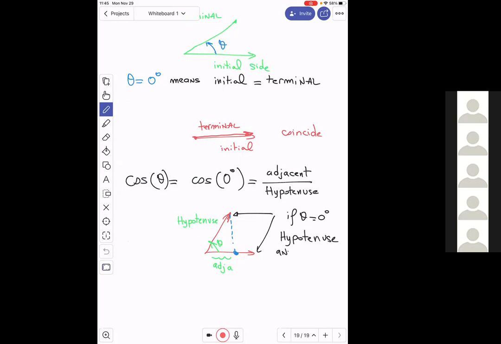Hypotenuse and adjacent side, they coincide. They're going to be the same, because the angle is 0. We said the angle is 0, then the terminal and the initial side coincide, right?